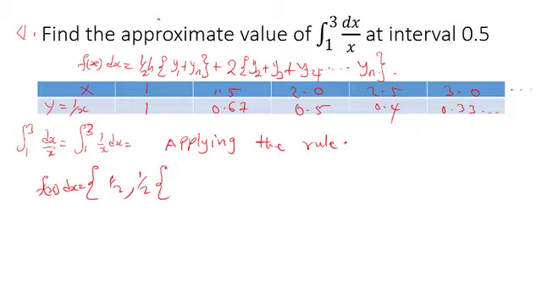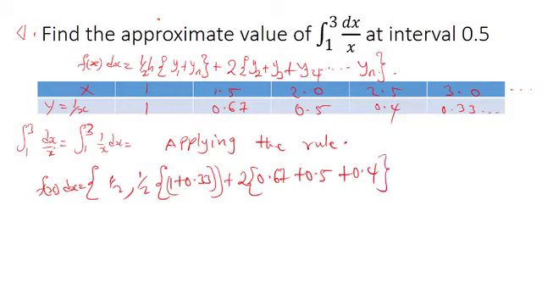Then you open our bracket, our y1 plus the last value, that is 1 plus 0.33, plus 2. We are making use of the formula we stated at the top here. Then the next thing is 0.67 plus the next value 0.5 plus our next value 0.4. You're just applying this, 0.4.